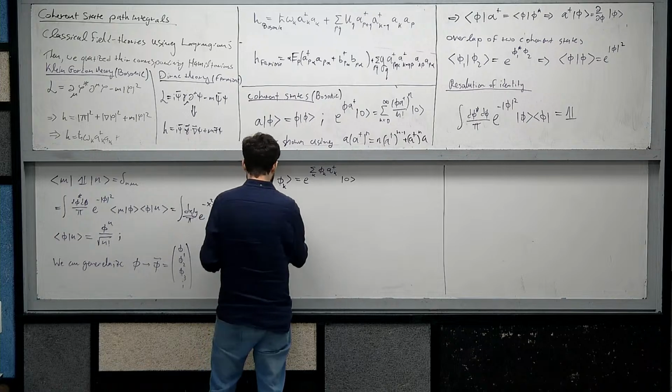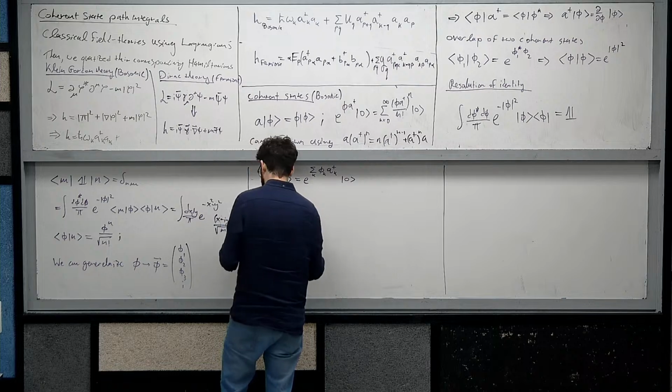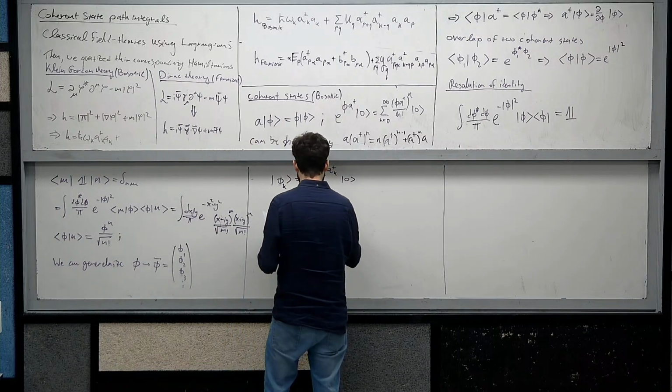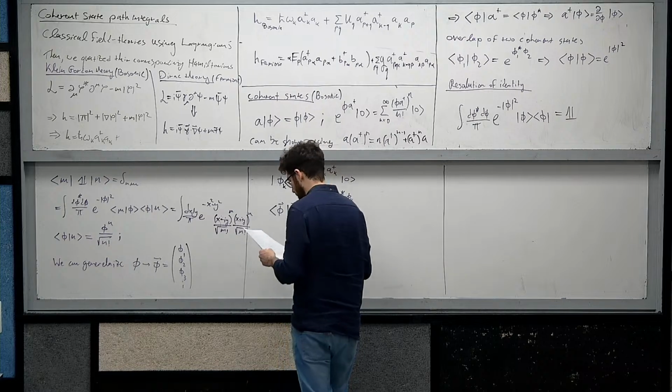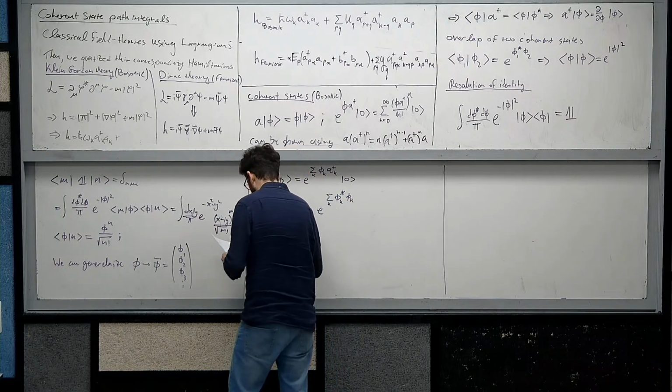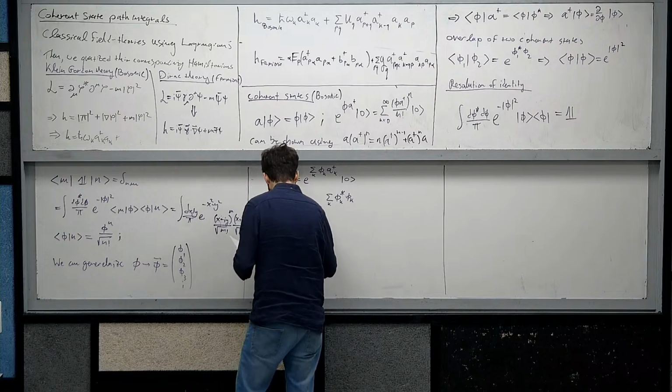And then if I do something like phi vector, okay, then that would be e to the sum over k, phi k star, phi k, and the resolution of identity would be something like, there would be something like a measure.